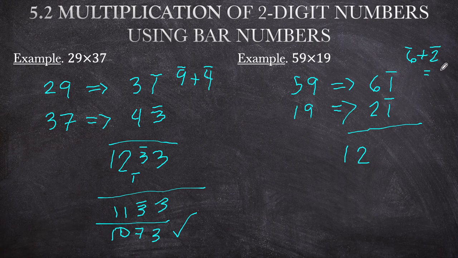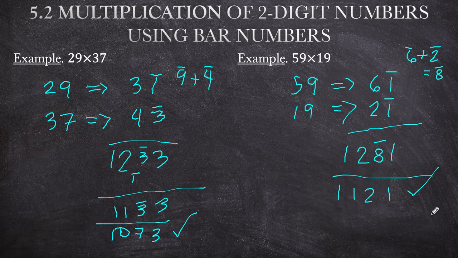This gives us bar 8 as a sum, so that's bar 8 over here. And then bar 1 times bar 1 is positive 1. So let's do the necessary Nikhilam Sutra. We have 1, 1, 2, 1. And that's our answer for this example.